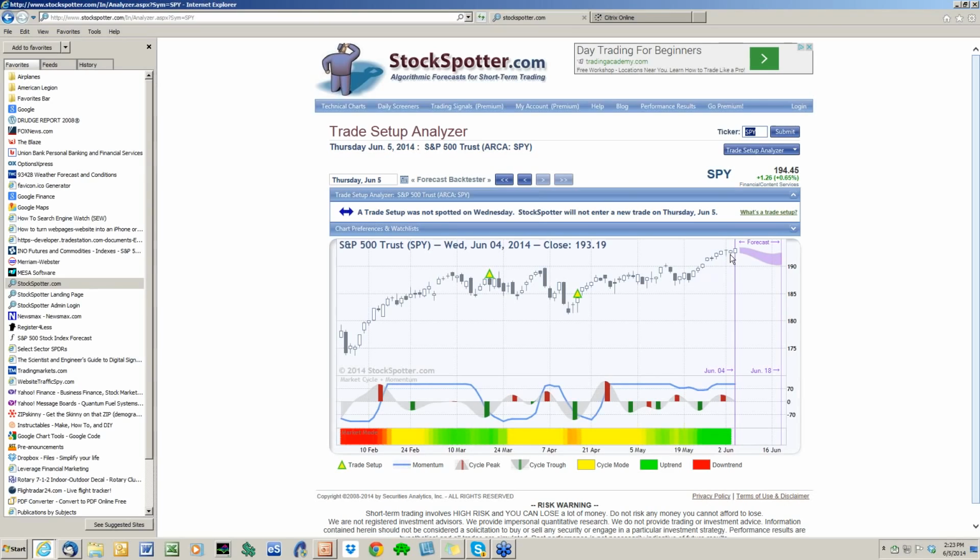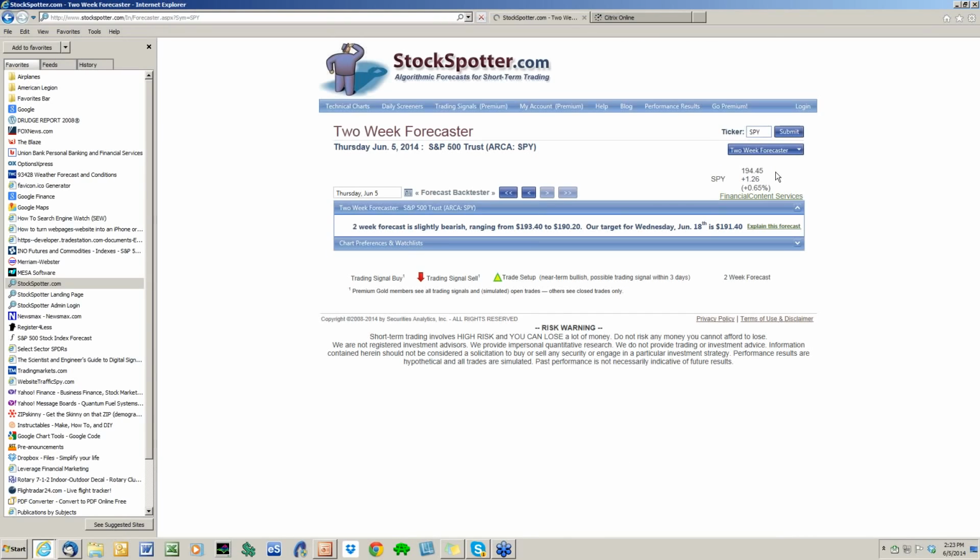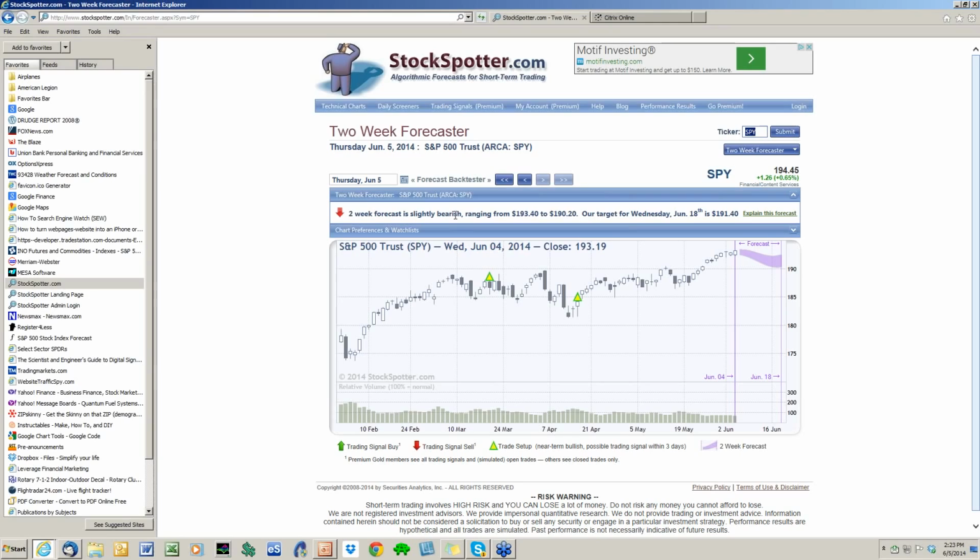You can see there's not a lot of wiggling there, and we're looking at a forecast to the downside. In our forecast, we see in words that we got a slightly bearish forecast. It's going to go from 193.40 to 190.20, and our best guess on June 18th is 191.40.